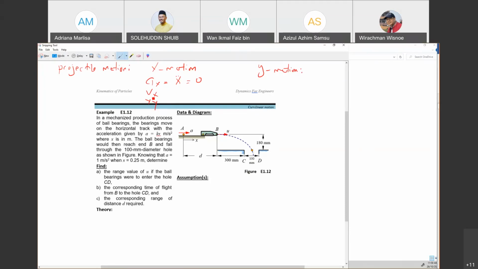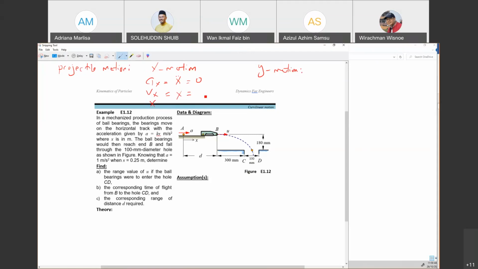We have Vx, we have X. Cuma this one Vx ni basically is X dot.